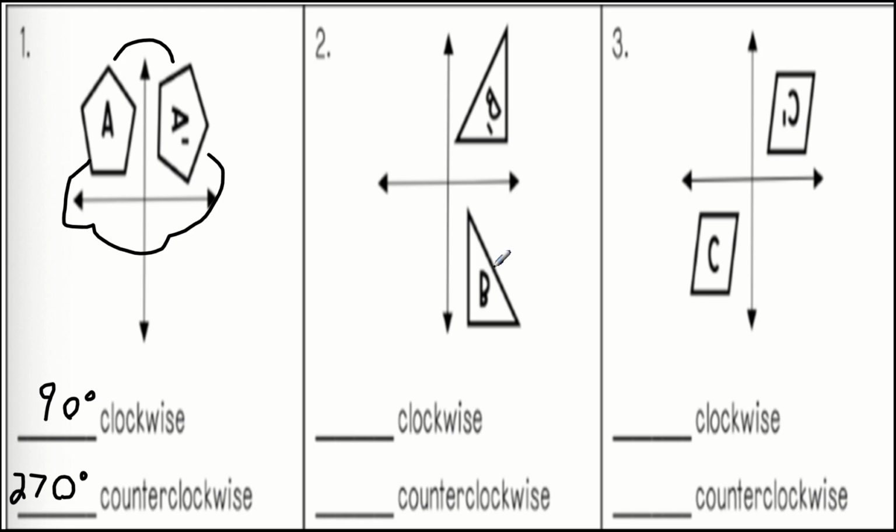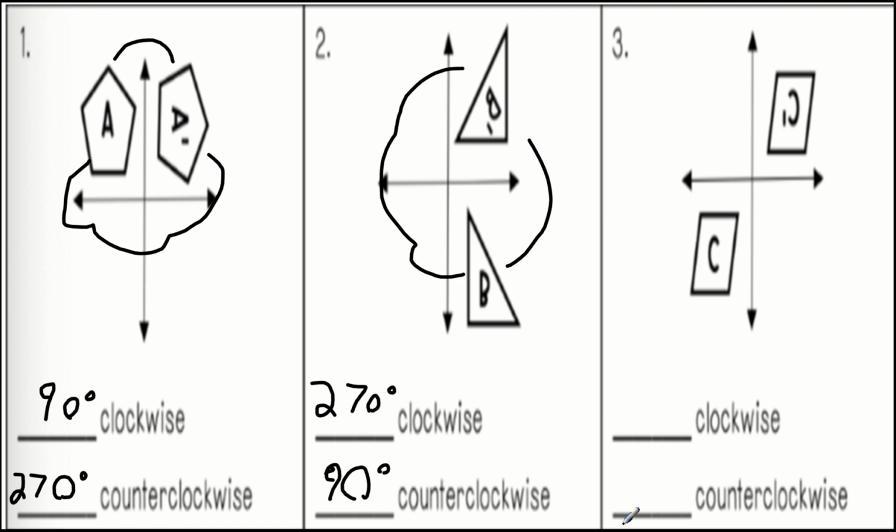All right, so B and B prime, number 2 here. If we go clockwise, that's 1, 2, 3. So that's 270. If we went counterclockwise, that's just going to be 1 turn. So that is 90. So when you have 90s or 270s, the direction you go really matters because otherwise it's going to screw it up.